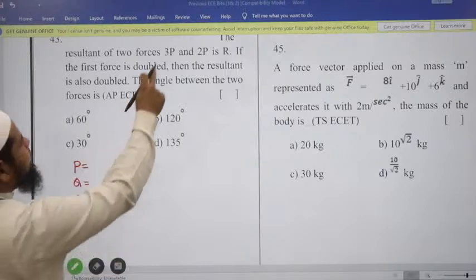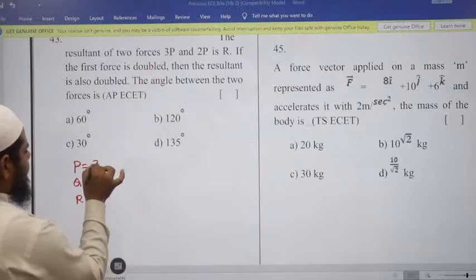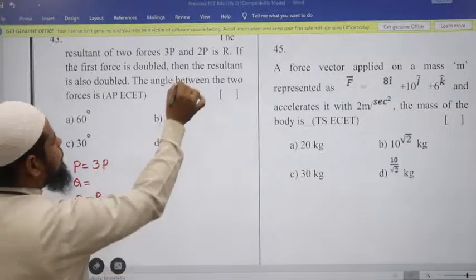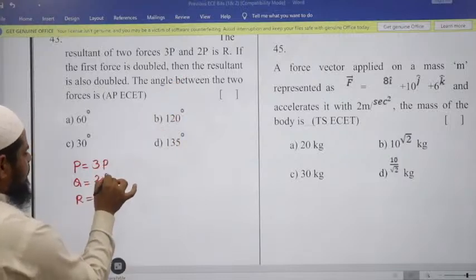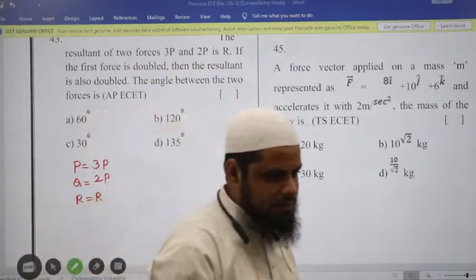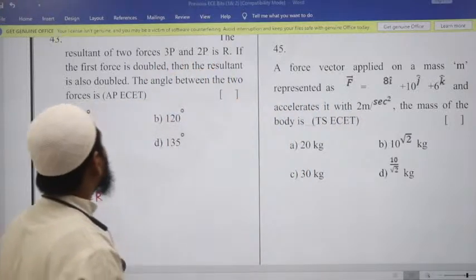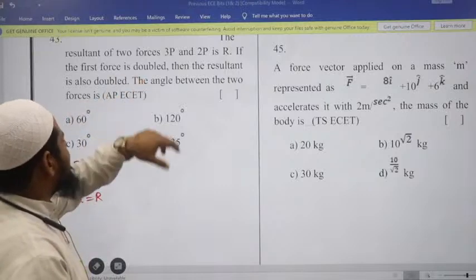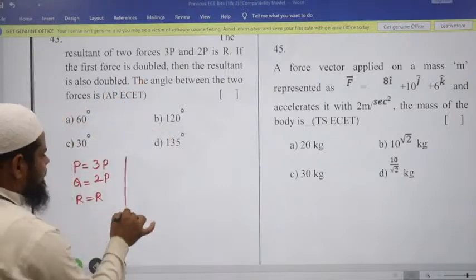What is P? P is nothing but 3P and Q is nothing but 2P, and its resultant is given as R. If the first force is doubled, look at this.